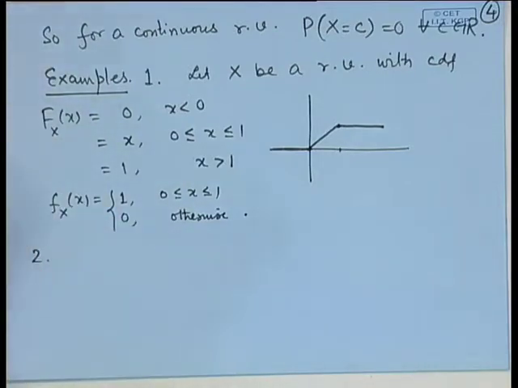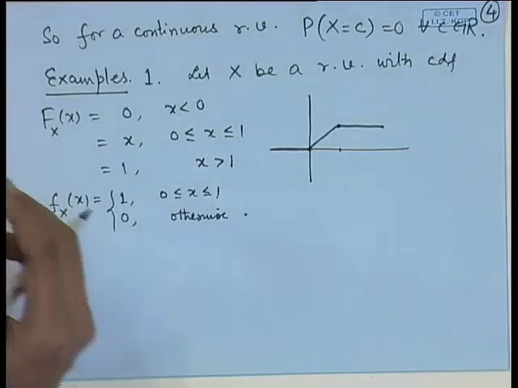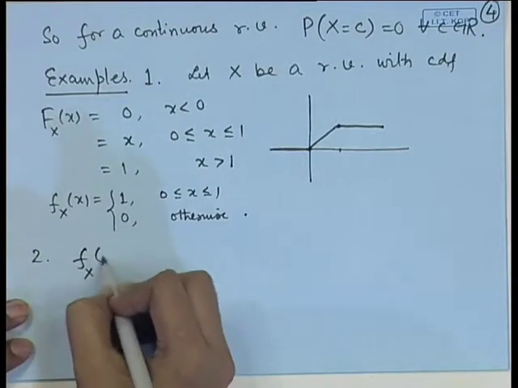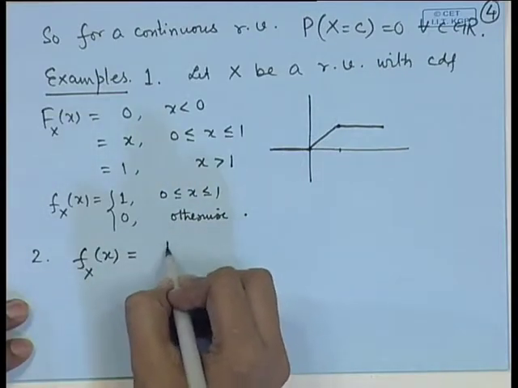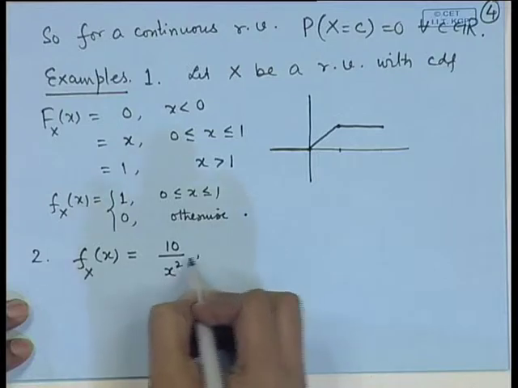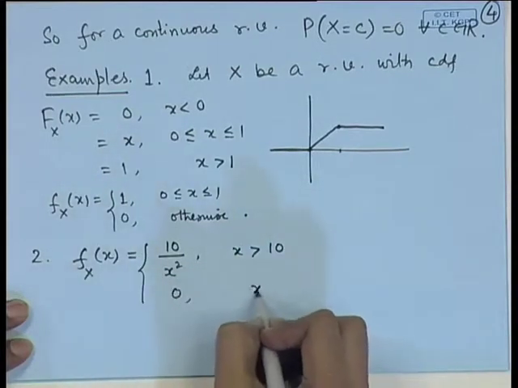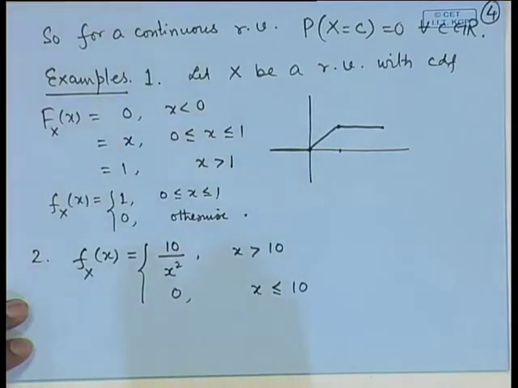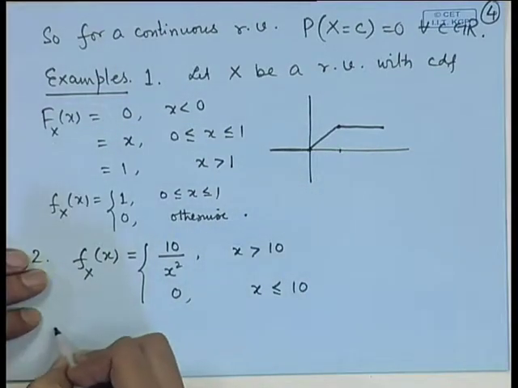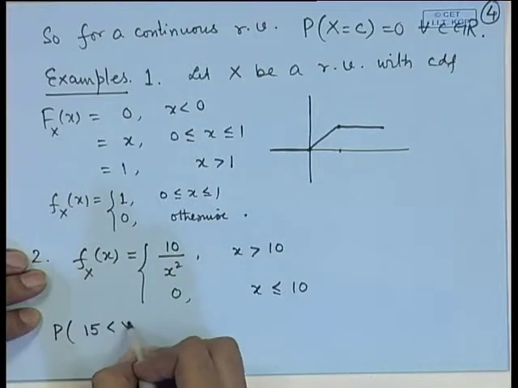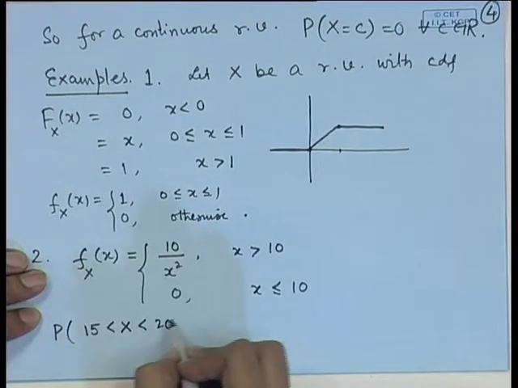Let us consider some more examples. Suppose f(x) is given by 10 by x square for x greater than 10 and 0 for x less than or equal to 10. I want to find out the probability that 15 is less than X less than 20.